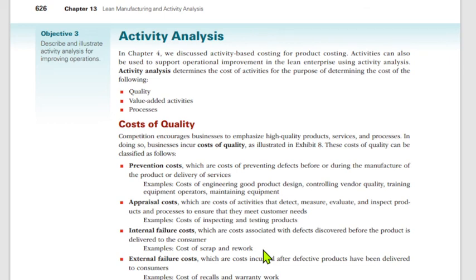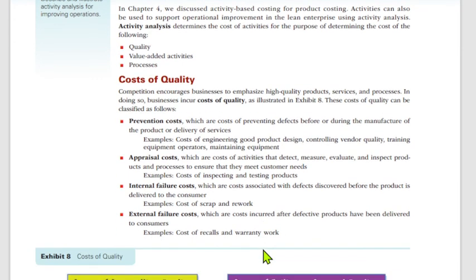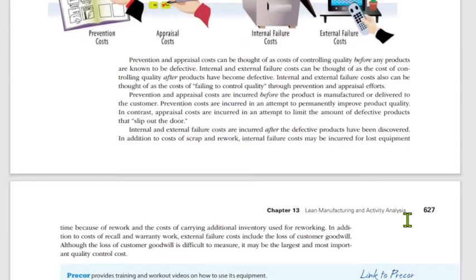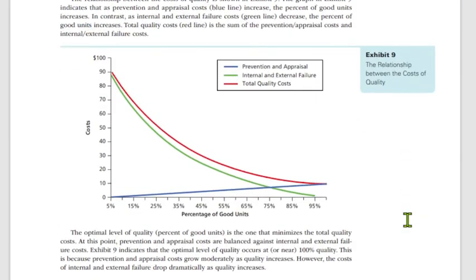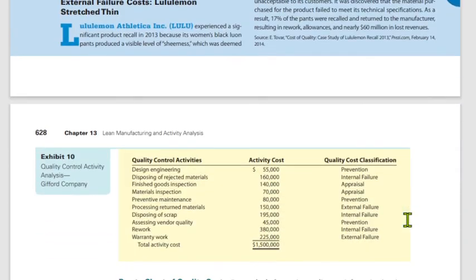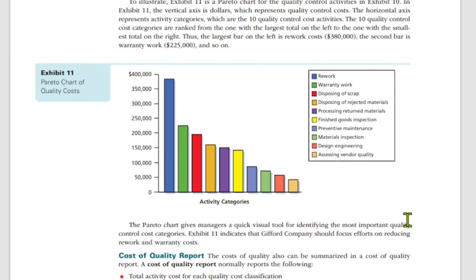Kasi nailabas na natin yung outside the organization na. Nailabas mo na yan, nasa customer na. So, that forms part of your external failure cause. Okay? Already delivered to consumers. Sinasabi niya dyan. Okay, I think we already have identified this.